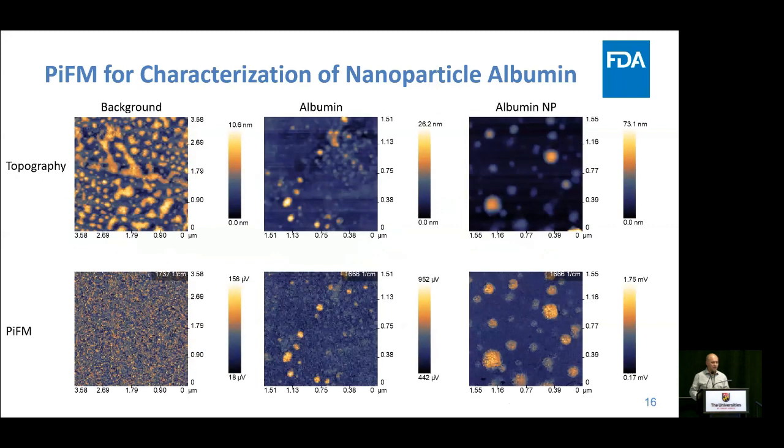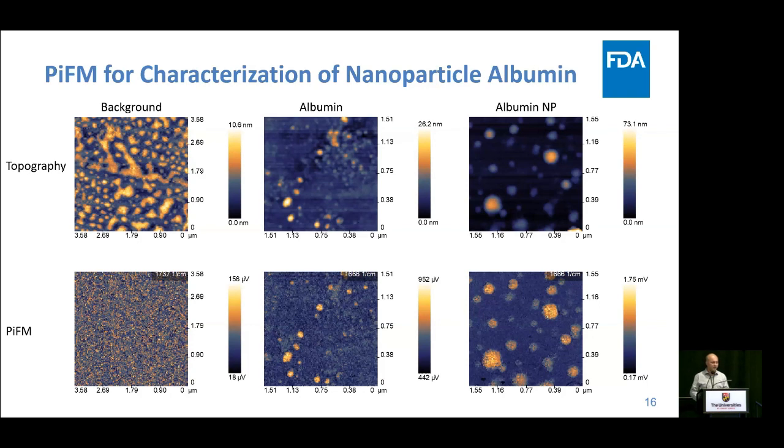The background is not as uniform as we were hoping in terms of topography. Even with albumin, we see some patches or areas of albumin on the surface, not sure if it's aggregation of the monomer, but we can trace it with the chemical imaging at 1666, the amide 1. And the cross-linked albumin nanoparticle that we synthesized, we also looked at that.